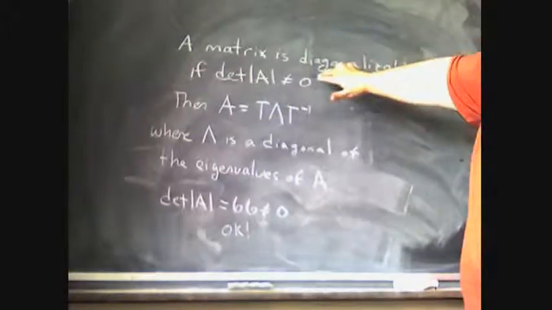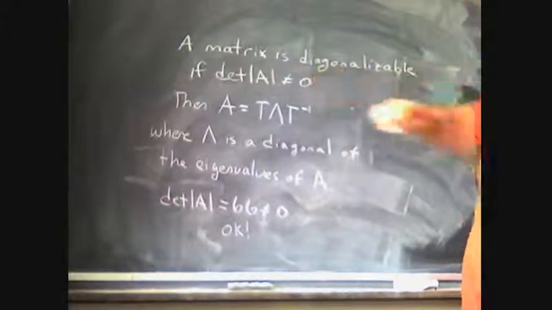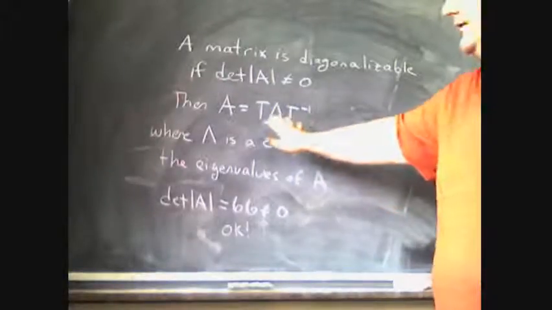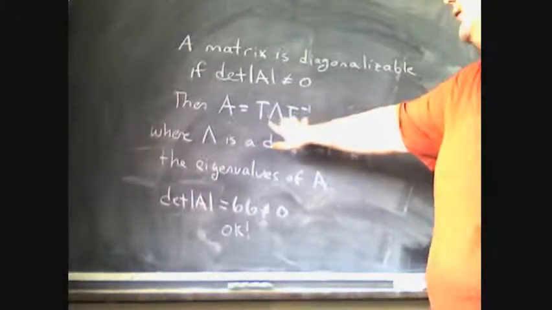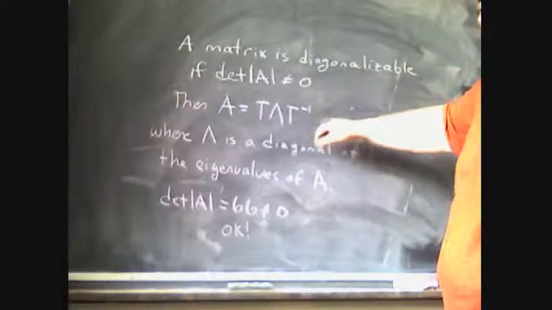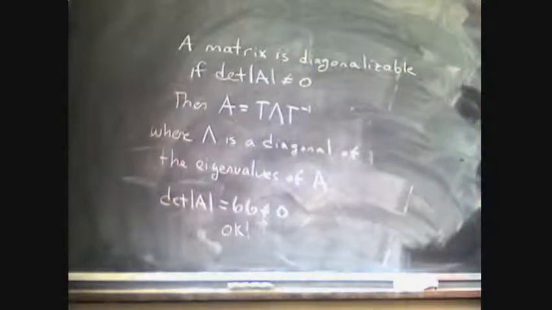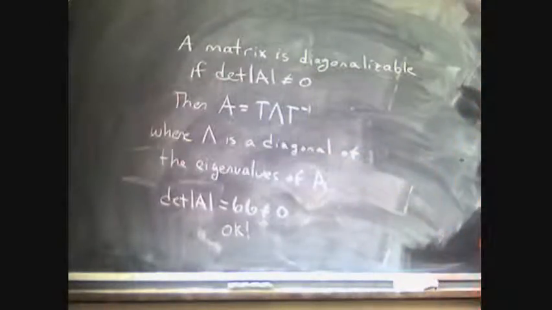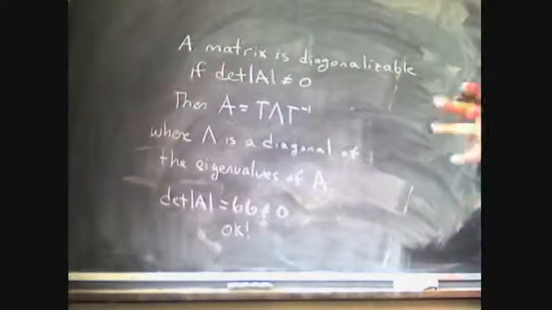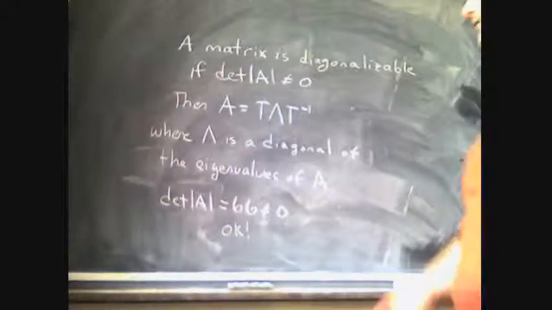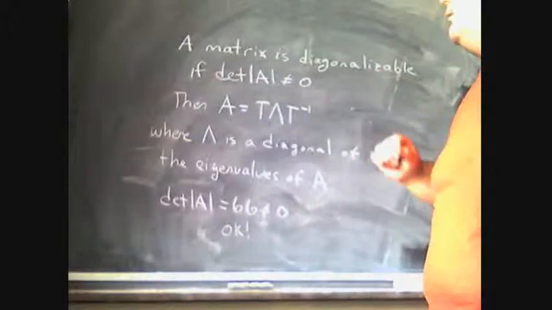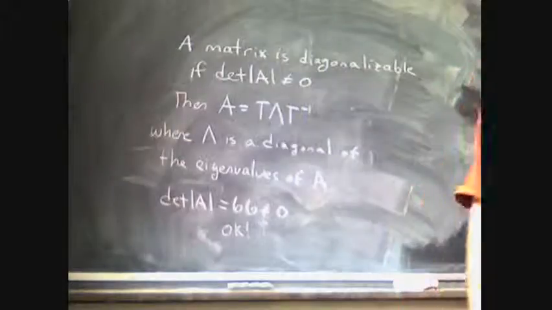Basically, if the determinant of A is not equal to 0, then we can rewrite our matrix A as some matrix T times some diagonal matrix capital Lambda times T inverse, where Lambda is a diagonal matrix containing the eigenvalues of A along its main diagonal. And doing a little bit of quick hand computation, it turns out the determinant of A is 66 and not 0, so we're okay and we can compute this part here.